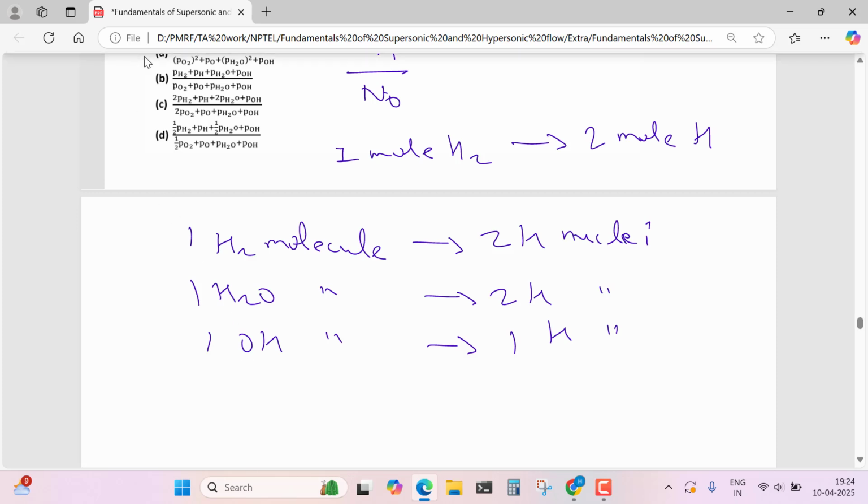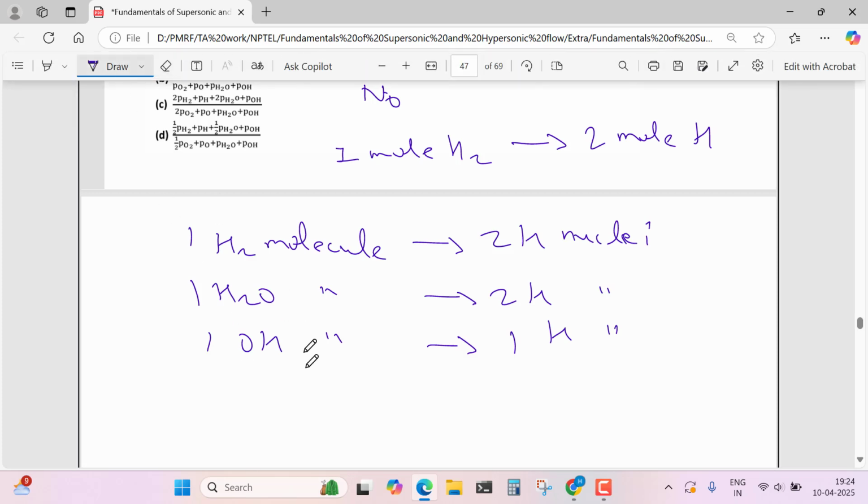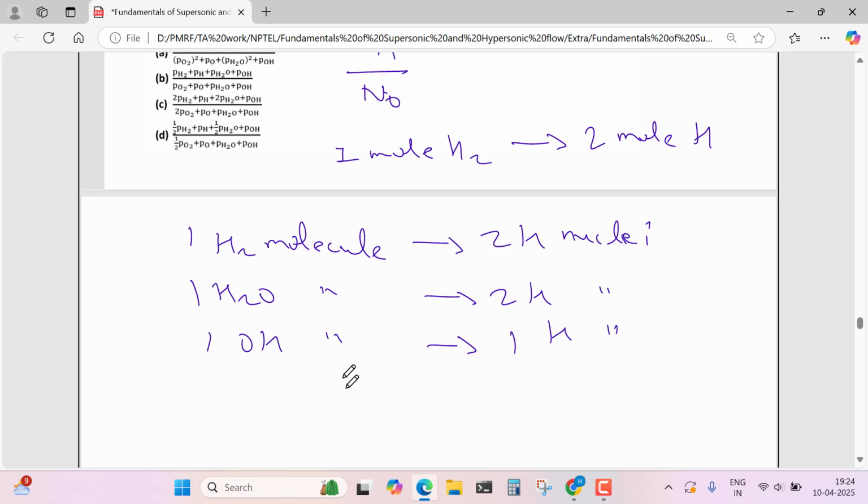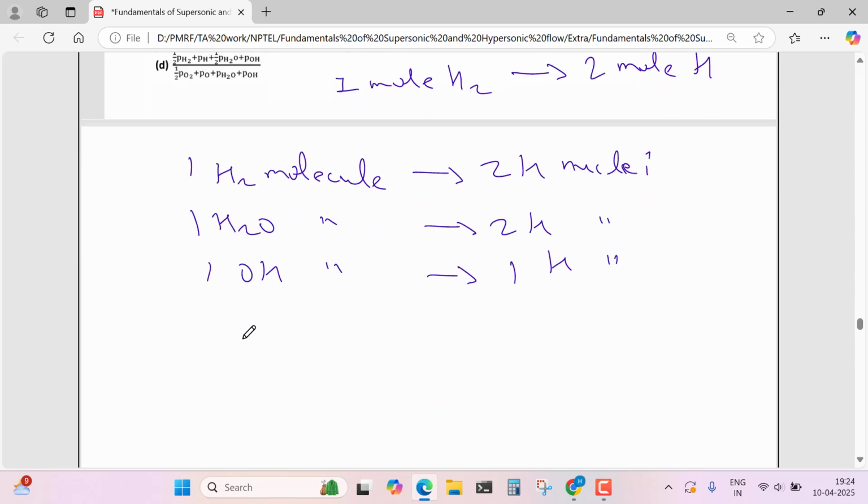So let's say η_i is the mole mass fraction of species i.